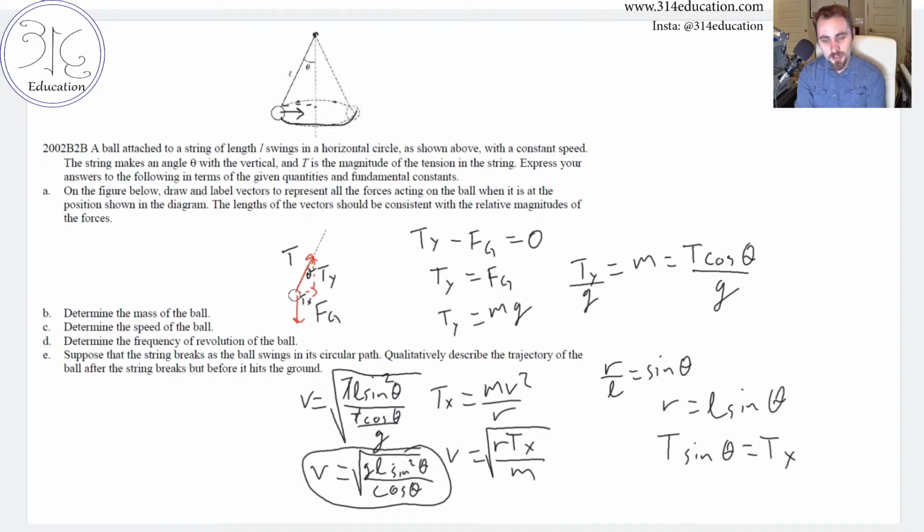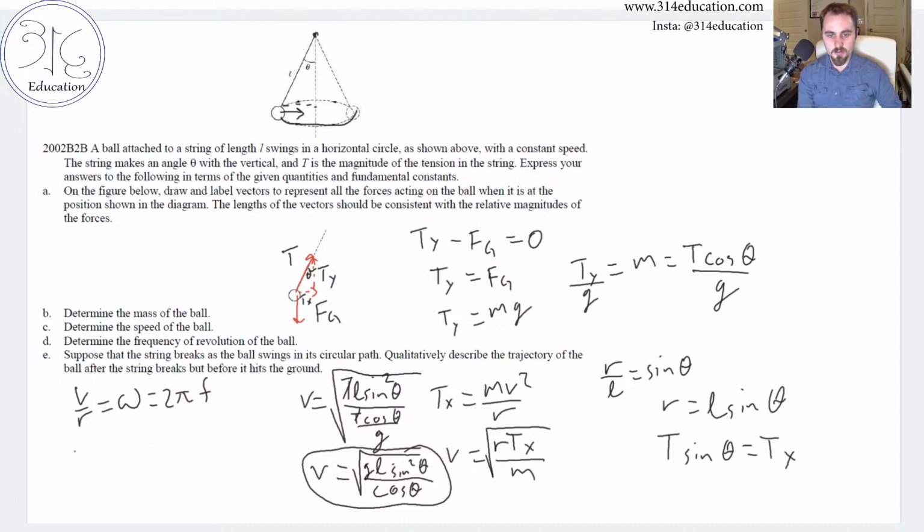So now that we have that, we want to determine the frequency of revolution of the ball. We can get that from the velocity, because velocity divided by our radius is equal to our angular frequency, which is equal to 2 pi times our regular frequency.